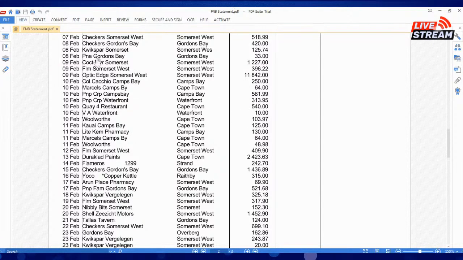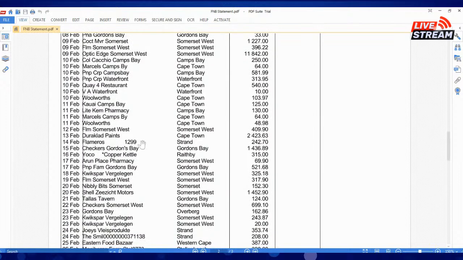So something happened during this period of time. This tells a whole story. Geographically, the expenditure has moved to a different portion of the country. So something happened here, and that is something that you could investigate, but it might very well be that the respondent went on a weekend away. So who did he go with? Why was it necessary? Those are all things that you could ask during a cross-examination.